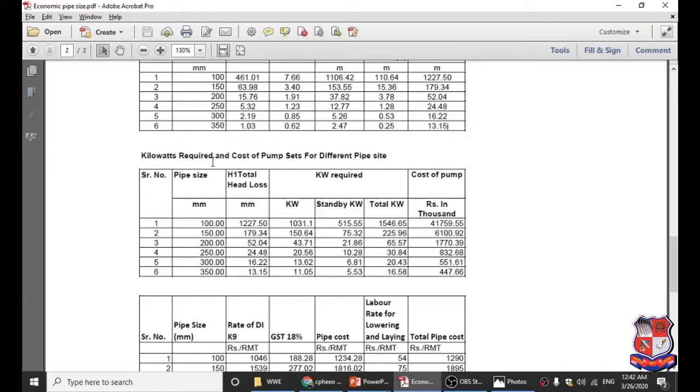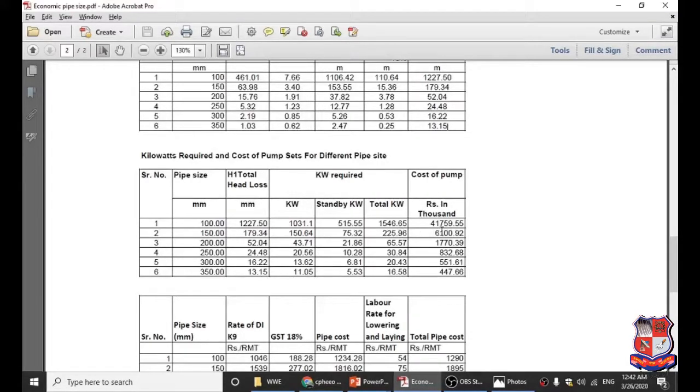Now this is the kilowatt required and cost of pump set, because if the head loss increases, then the cost of pump will increase because the kilowatt requirement will be more, right? For 100 pipe, total kilowatt required is 1500, and for 350 size pipe, the total kilowatt required is only 60. So you can see the variation in cost of pump also, right?